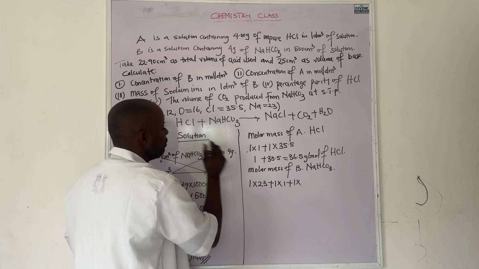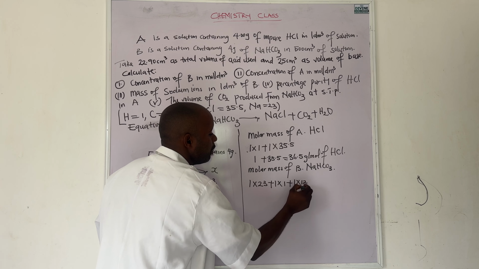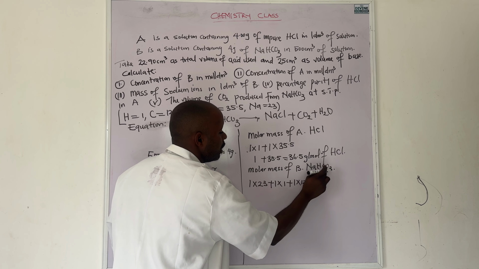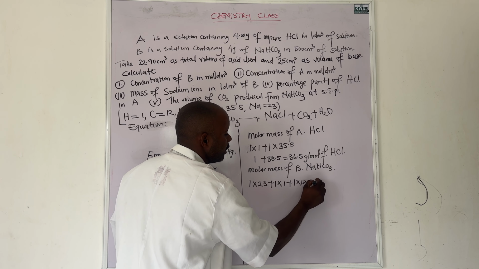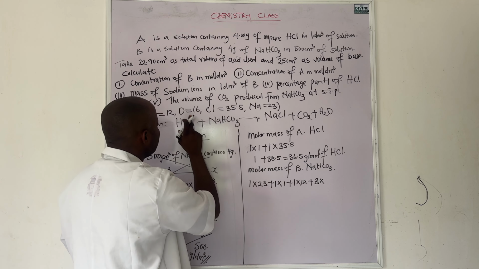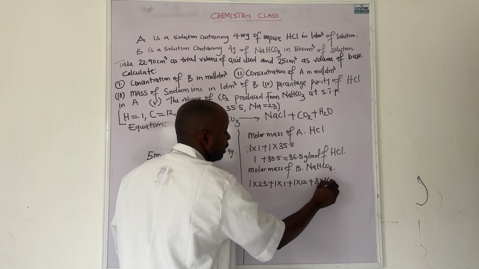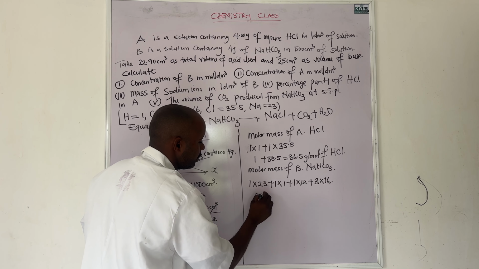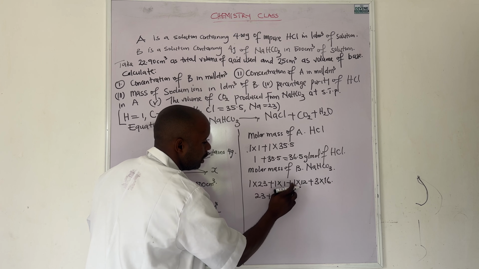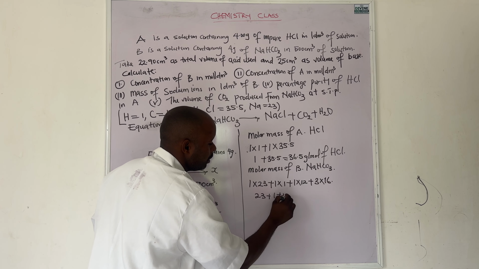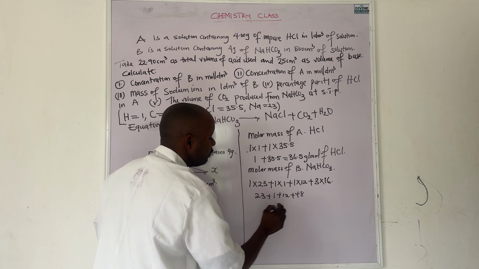The relative atomic mass of carbon is 12, plus oxygen occurred 3 times, relative atomic mass of oxygen is 16. So here we're going to have 23 plus 1 times 12 plus 48.